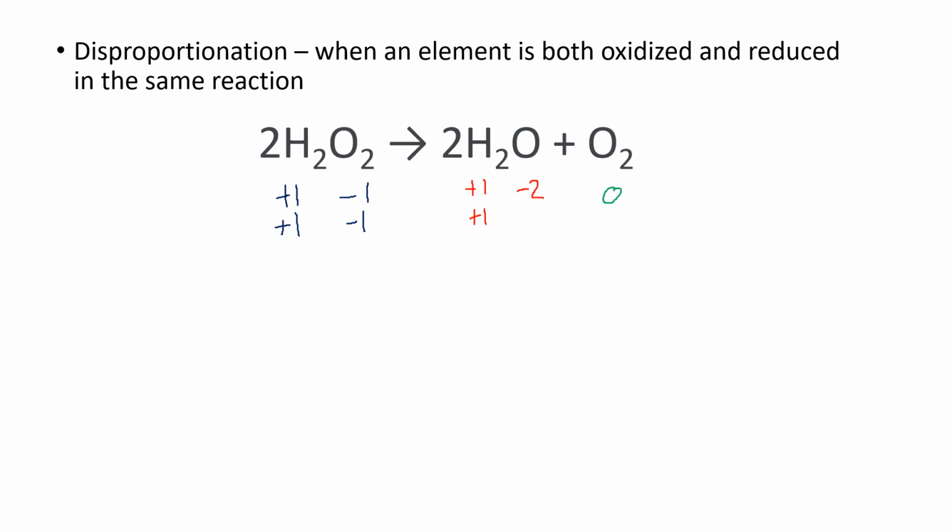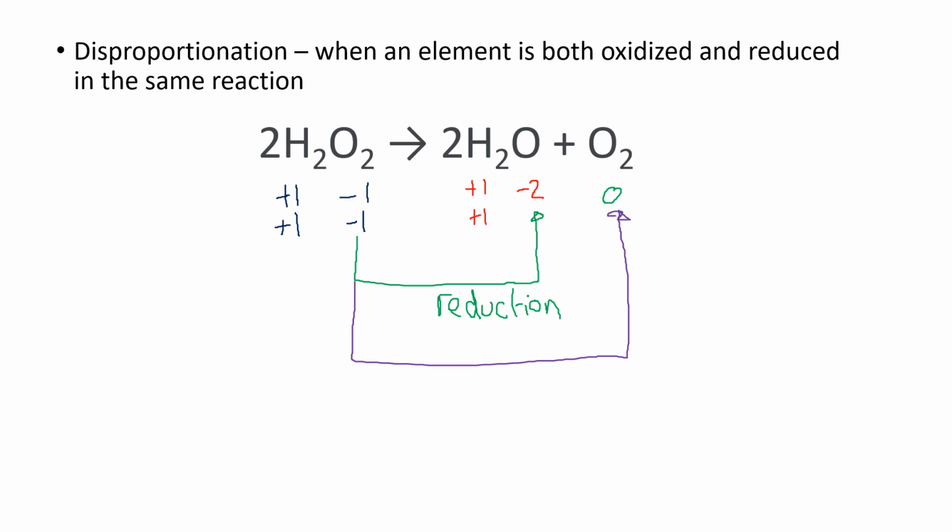So the hydrogen is remaining constantly at +1, but the oxygen is going from -1 to -2. That is reduction because it's going down. But also it's going from -1 to 0, which is oxidation. So this is why this is disproportionation, because the oxygen is both being reduced and oxidized in the same reaction.